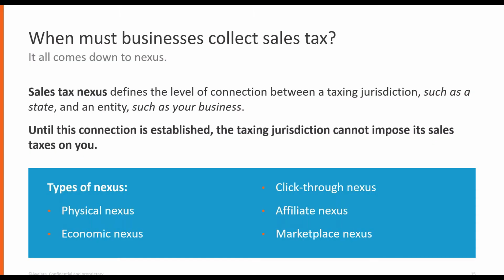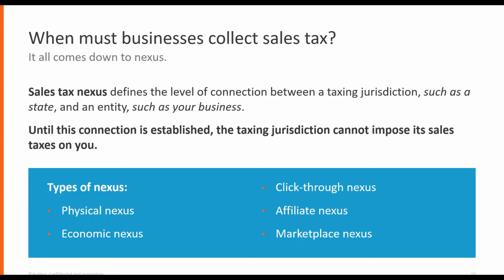So nexus is really that trigger that defines when you have to collect sales tax in a specific state between your business and the state. It's that level of connection between that jurisdiction and a business or an entity. So until the connection is established, you aren't required to collect and pay sales tax. But once that nexus has been created, that requirement is there.